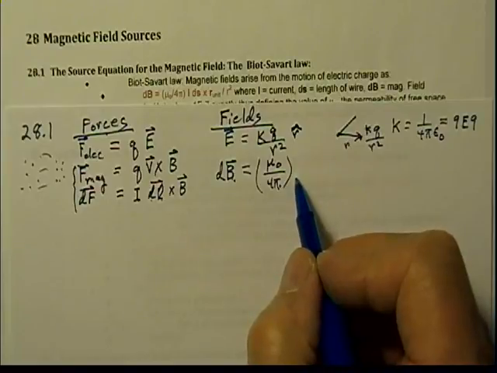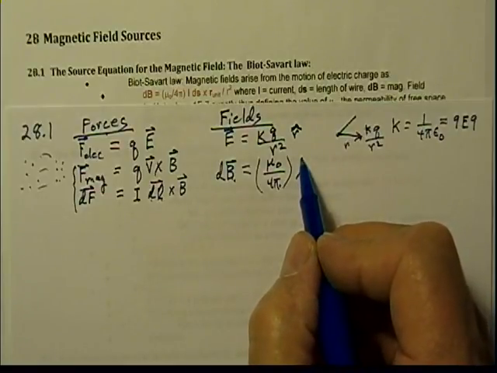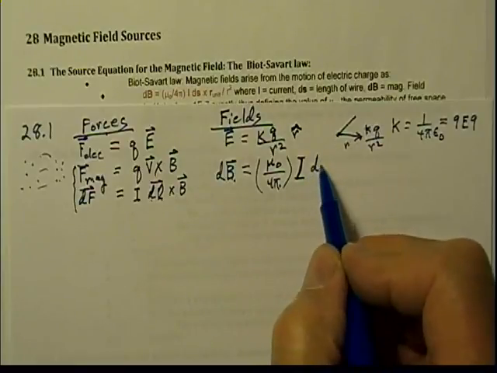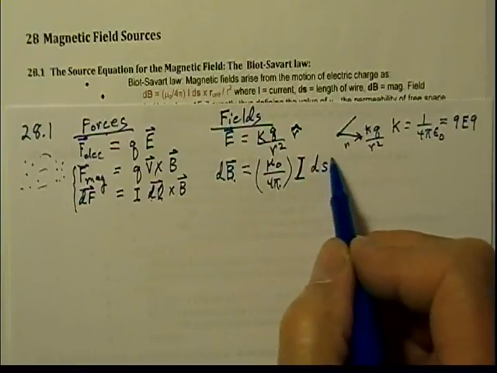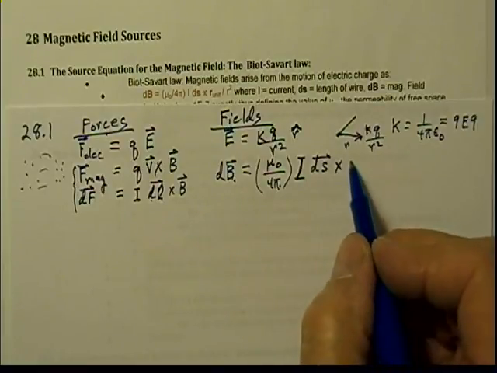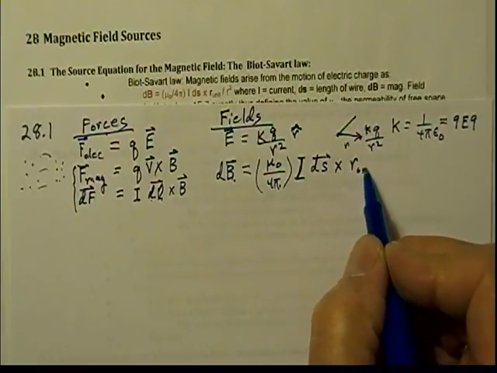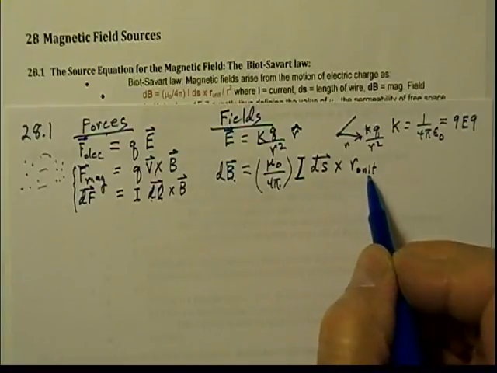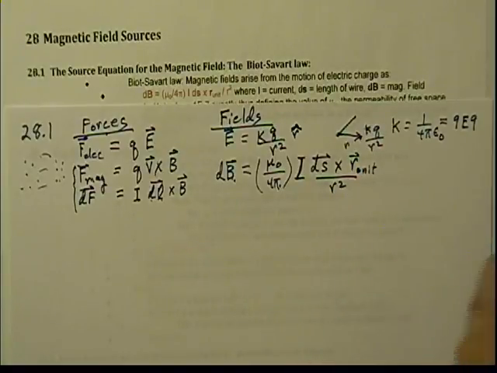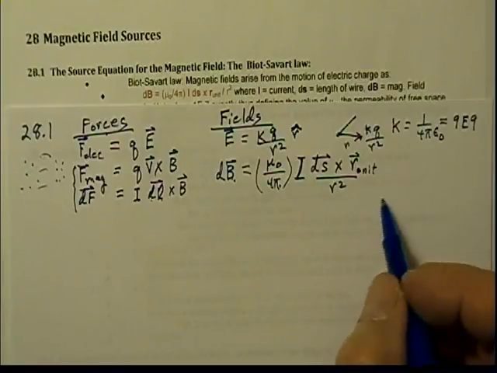Times a current, that's a capital I, times a small segment, ds or dl, crossed with an r unit vector, over a distance r squared. Now, what does that mean?